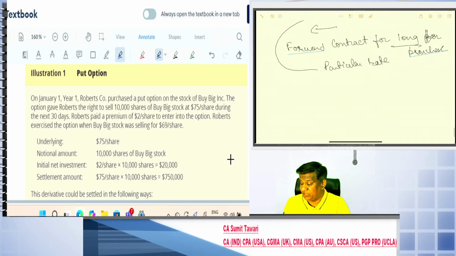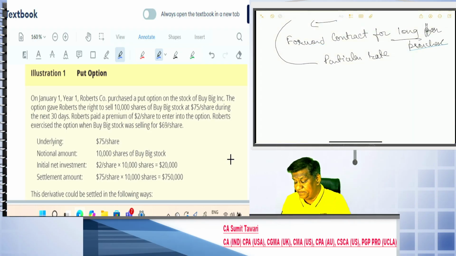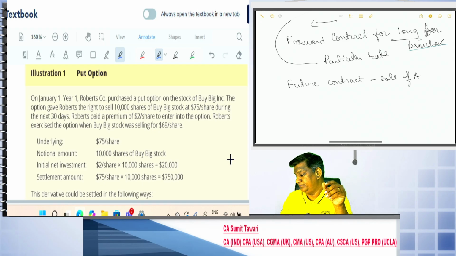The second option is that he may enter into a future contract on an exchange. As he needs to buy at a particular rate, he enters into the future contract for the sale of aluminum.